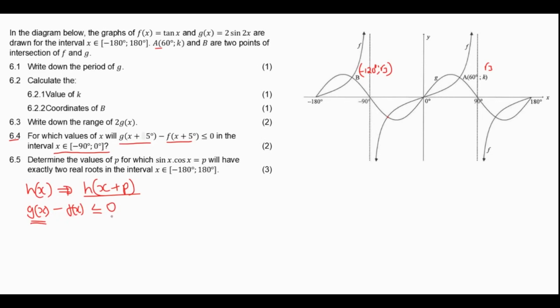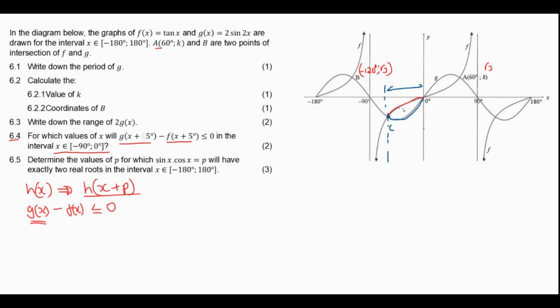In this case, this is the region here. See that this is f(x), it is above g(x), and g(x) is here. So between, let me call it point C, and 0, f(x) is above g(x), and this will give us a negative value if we subtract.